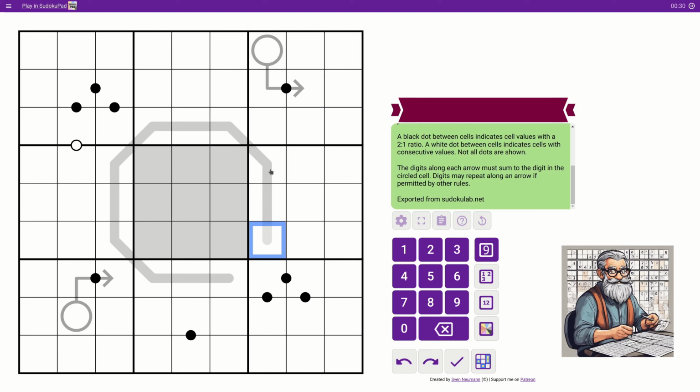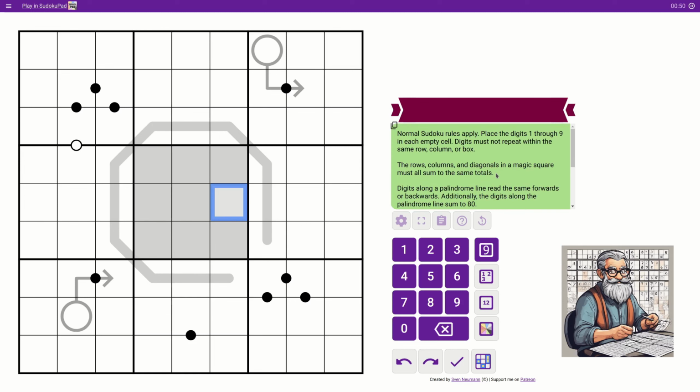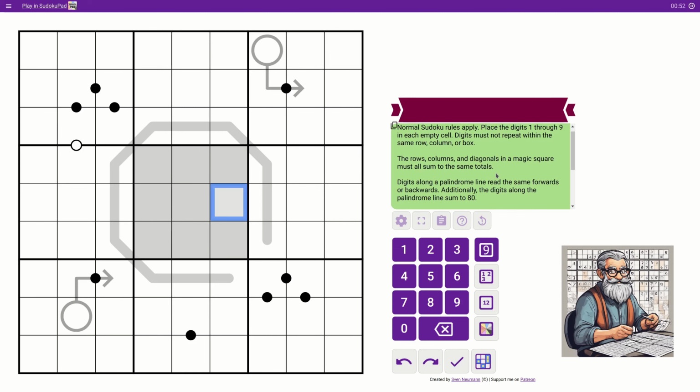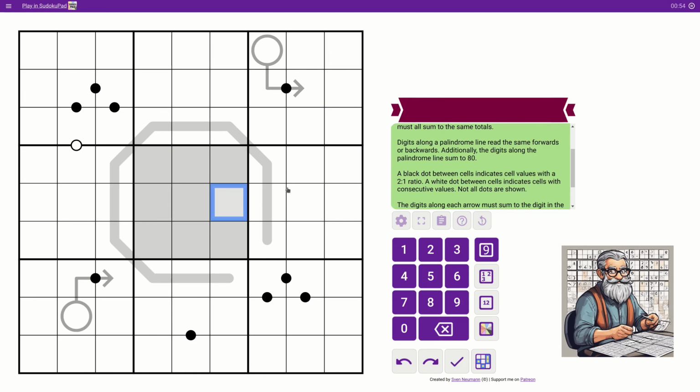How many are there? There's 12. So these are the same as these and these are the same as these, so it's reflected along the negative diagonal here, I guess. And what was there as well? There's something here, right?